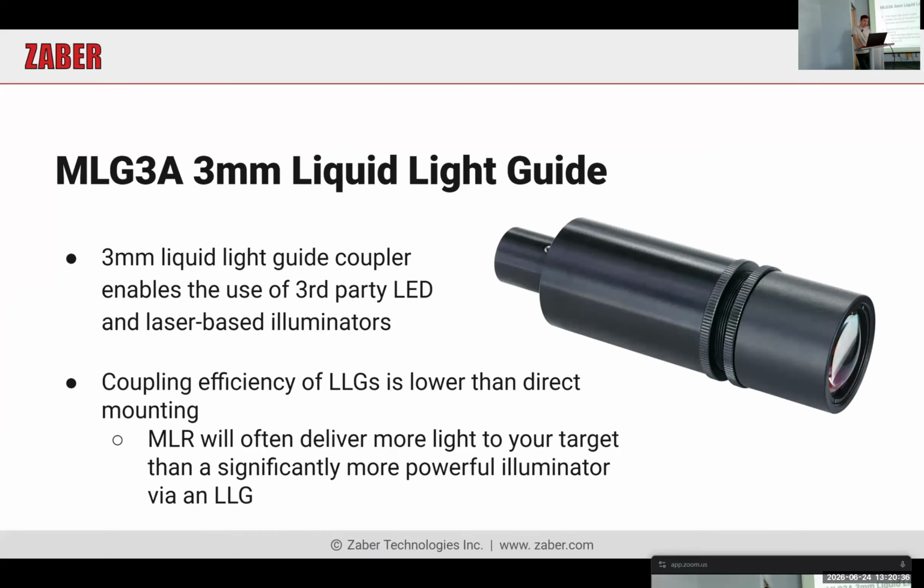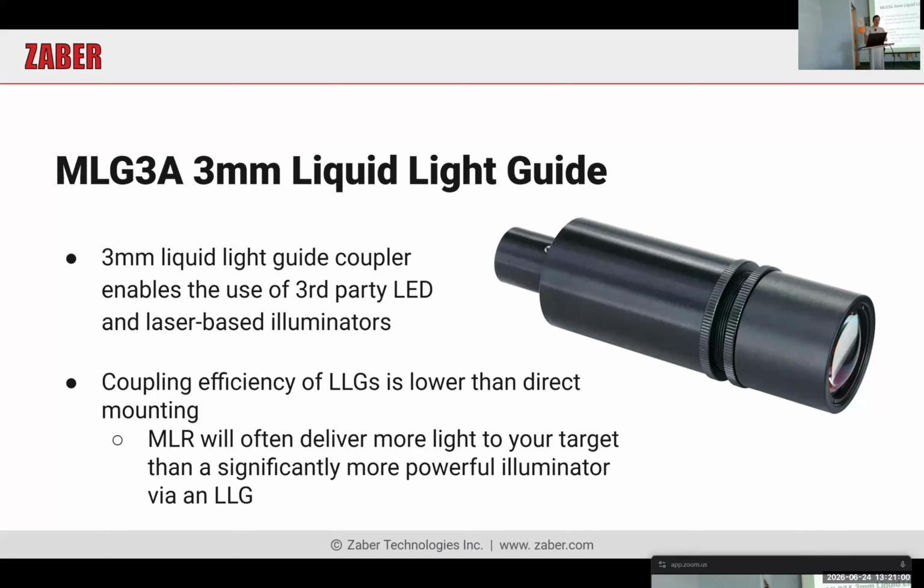We can couple our system to third-party illuminators as well, using a liquid light guide. It's a really common set of 3mm liquid light guide, super common standard. One thing to note about light guides is you do lose about half your illumination power going through them.